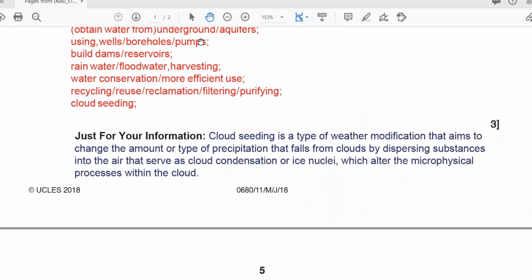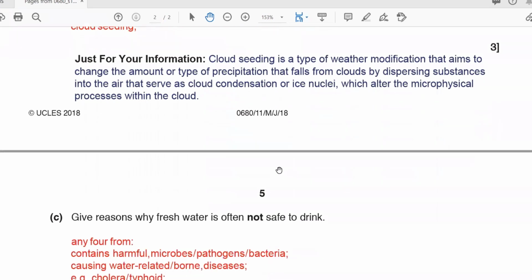The water might spread diseases because it might have microorganisms. Yes, right. Because water provides a very good habitat for living things, and there's plenty of food in water, and it provides a rich environment for bacteria. Yes, it is sometimes the ideal environment for bacteria. So it is not always safe to assume fresh water is safe to drink.